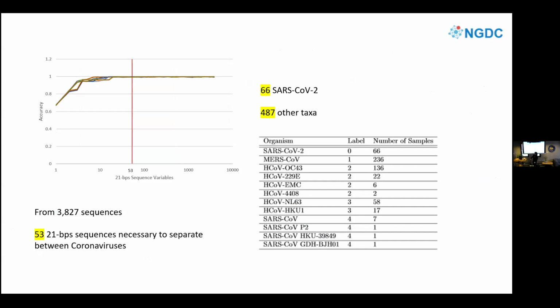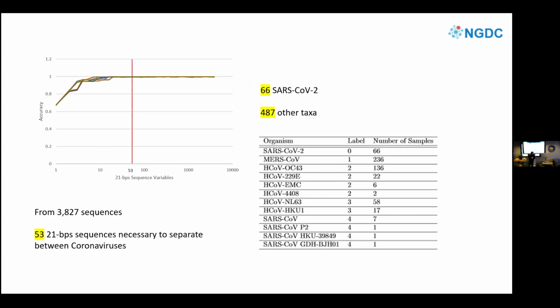I'm sorry, this curve is because I haven't updated it. It's not as pretty, but what it says is the maximum accuracy that a smaller set of features, 53, can reach. Okay? And with those, we can separate. However, we were interested not in separating all coronaviruses, but SARS-CoV-2.